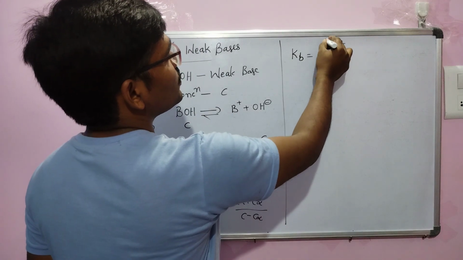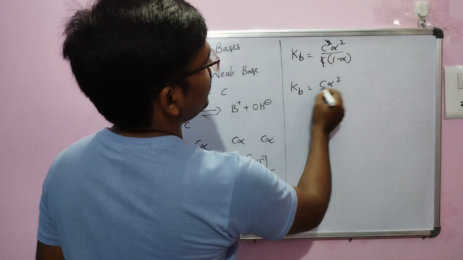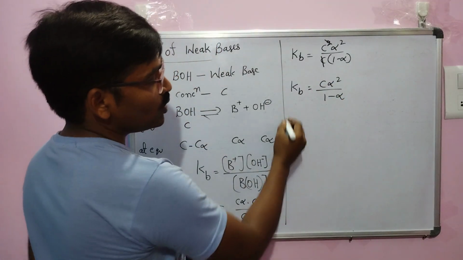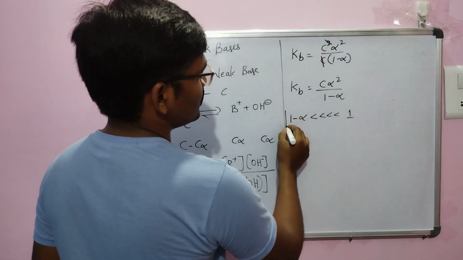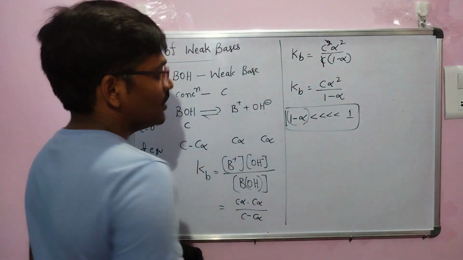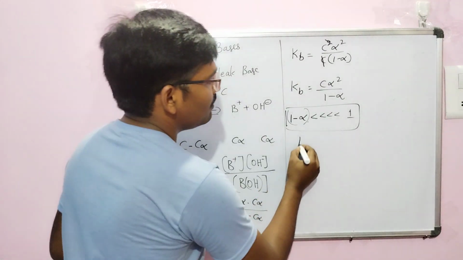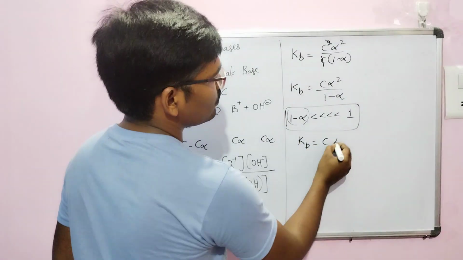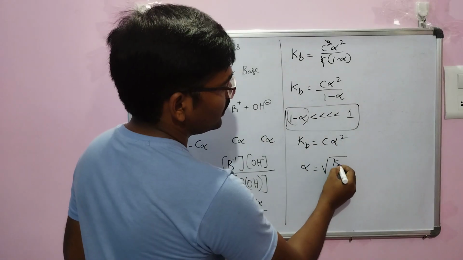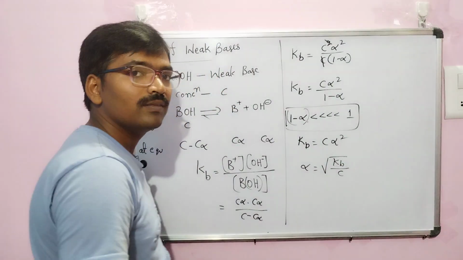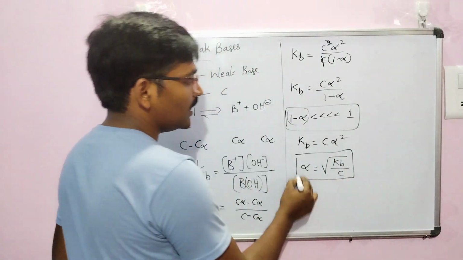C square, C cancel, then Kb equals C alpha square divided by 1 minus alpha. Here also 1 minus alpha is very much less than 1, so we neglect it in the denominator. Then Kb equals C alpha square simply. From this, alpha equals the square root of Kb divided by C.